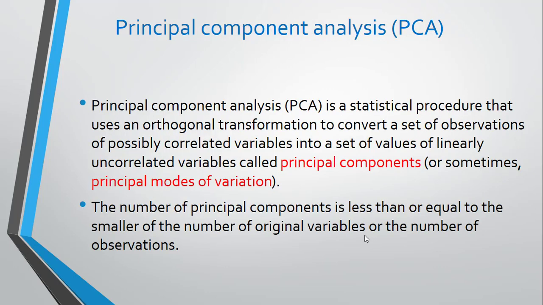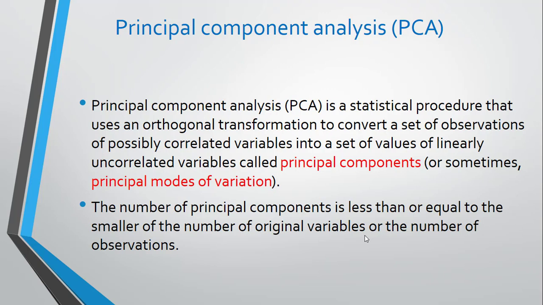Okay. Principal component analysis, PCA, is a statistical procedure that uses an orthogonal transformation to convert a set of observations of possibly correlated variables into a set of values of linearly uncorrelated variables called principal components, or sometimes principal modes of variation.